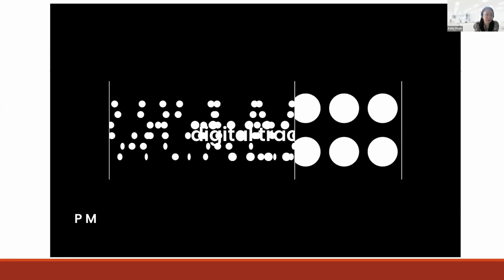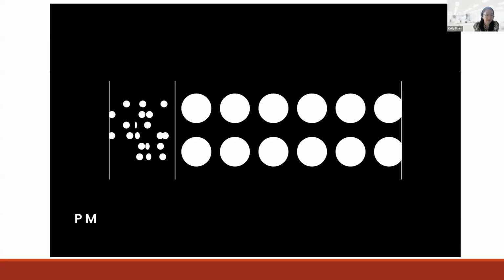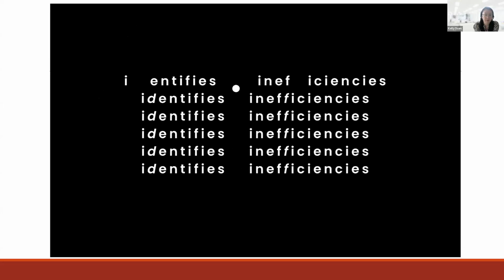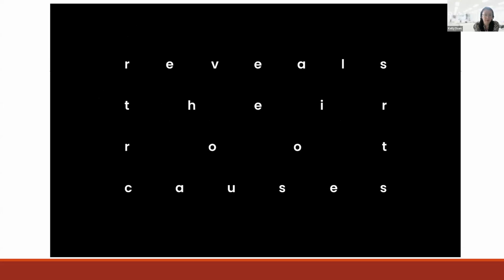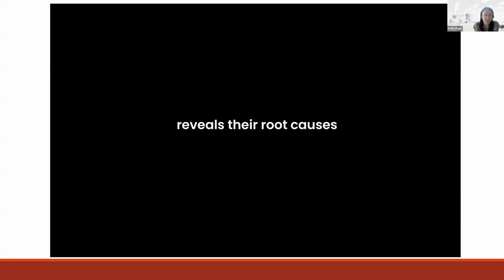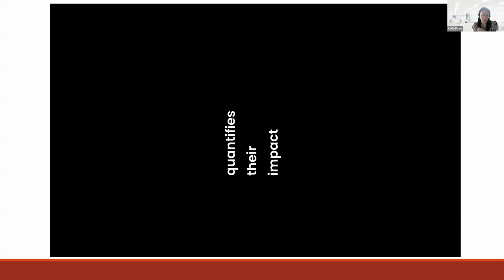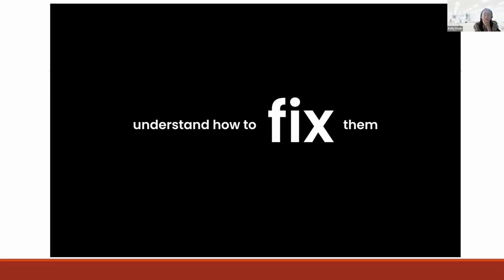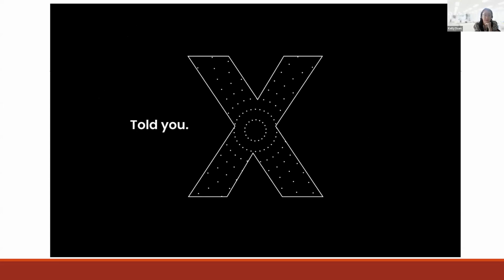Process mining extracts that data to visualize every move you make in real time. It gives you a living, breathing, moving picture of your processes as they really are. Really. Process mining identifies inefficiencies, reveals their root causes, quantifies their impact, and helps you understand how to fix them. Told you, it's just like an x-ray.